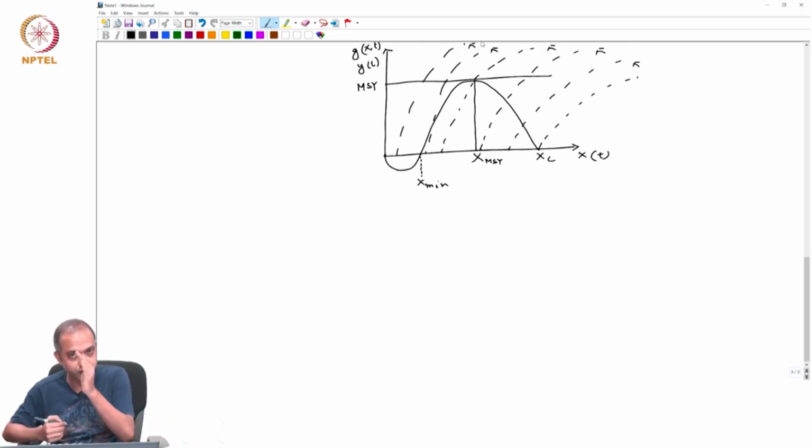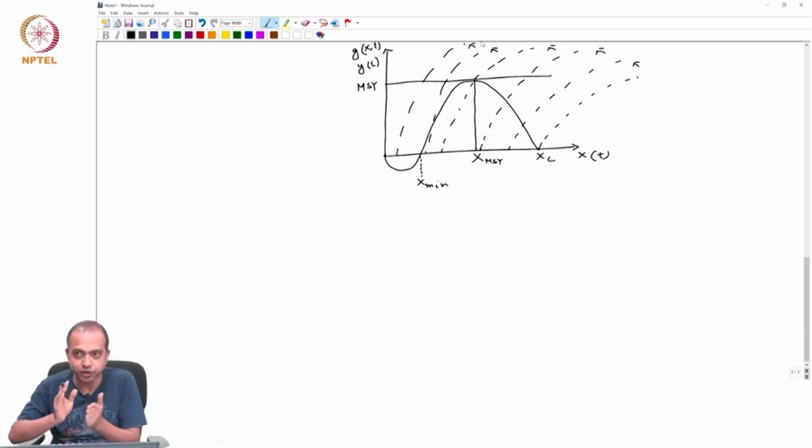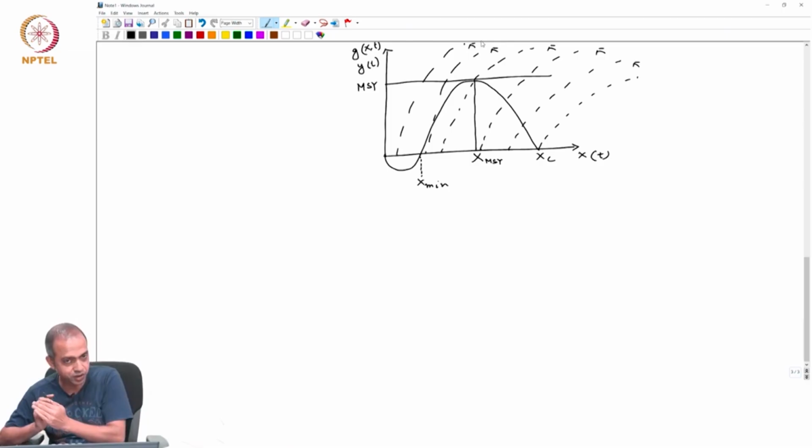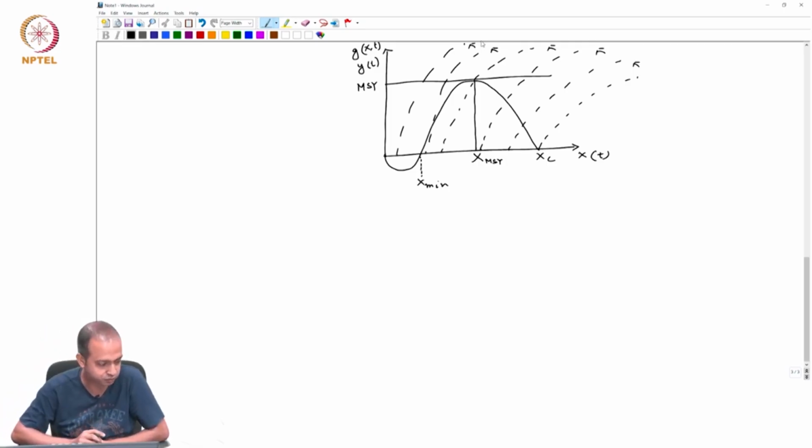For two reasons. Fishes are highly valued, and the cost of extraction is going down, as a result of which the optimum extraction is becoming more and more. Okay, because how have we defined the catch locus? The catch locus is the optimum rate of harvest on those cost functions. So, obviously, when the cost function shifts downward and fishes are highly valued, then the catch locus will shift upward. That is what is happening here.